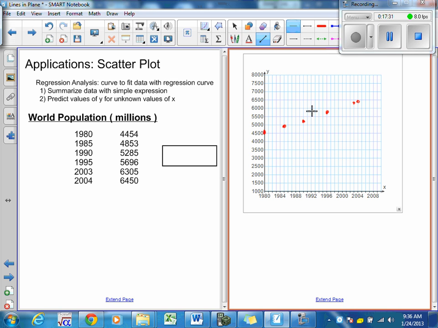And you can see the population looks real close to being linear.